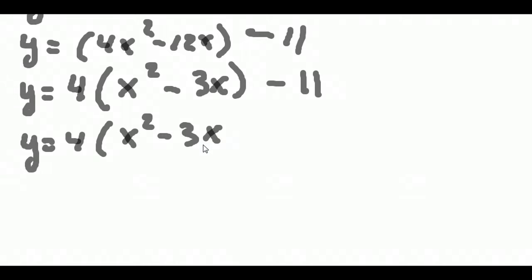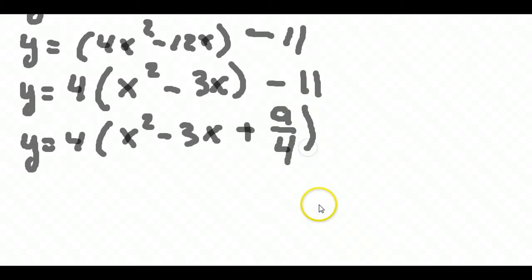Do it in fraction form. So you just throw it over, the 3 over 2, since we're dividing by 2. Then you square 3 over 2, which would be 9 over 4. Correct? Yeah.